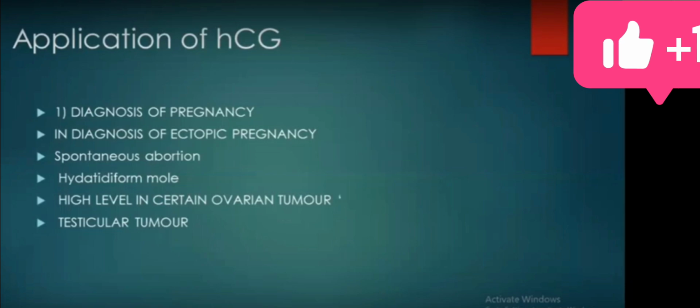So when you do a USG and a gestational sac is not visible, but the serum beta HCG value increases by about 60 to 80% every 48 hours, there may be a possibility of ectopic pregnancy. Ectopic pregnancy means that, usually it is implanted inside the uterus. If the embryo is implanted outside the uterus, the most probable site is the fallopian tube or even the ovary itself.